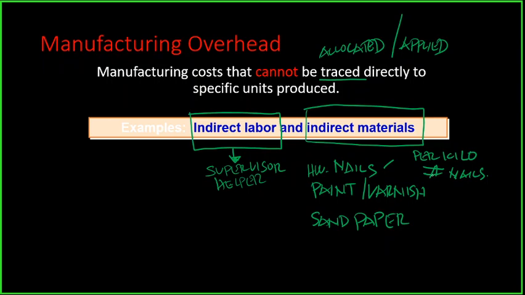So you divide that and you get the cost per nail, and then you multiply that by the number of nails used in a table. So that's the reason why we allocate or we simply apply them, because either it's impossible to trace, or it's possible but it is impractical.